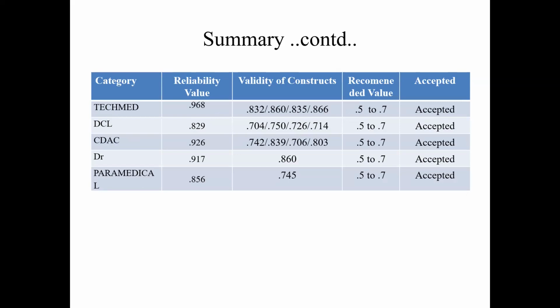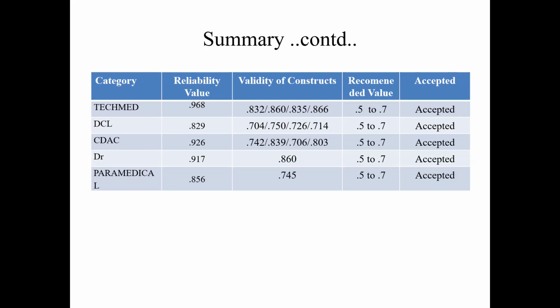The recommended value is 0.5 to 0.7, which is accepted. The CDAC reliability value is 0.926, and the validity of construct is 0.742, 0.839, 0.706, and 0.803. The recommended value is 0.5 to 0.7, which is accepted.